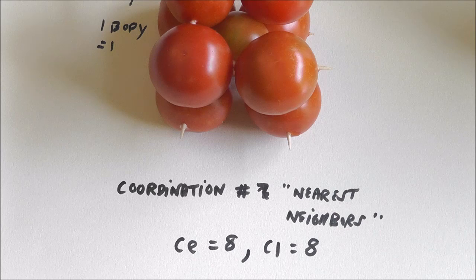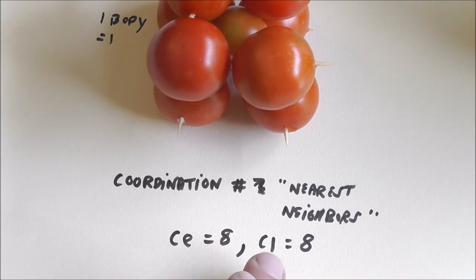And how many of each atom are there per cell? Then we're going to ask you about the coordination number, like how many nearest neighbors are around each. When I'm talking about the coordination number of something, I'm talking about how many other things are around it. So the coordination number of cesium is how many chlorides are around it, and the coordination number of chloride is how many cesiums are around it.